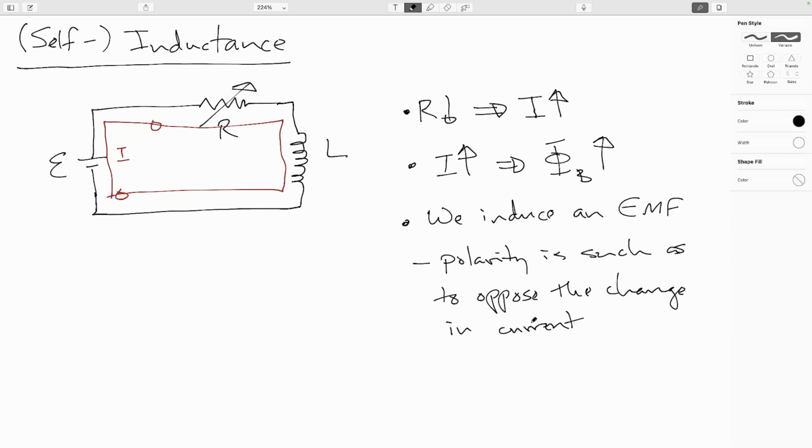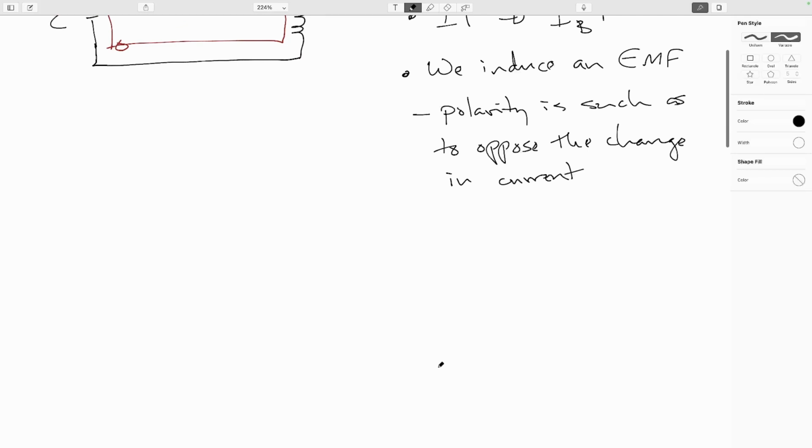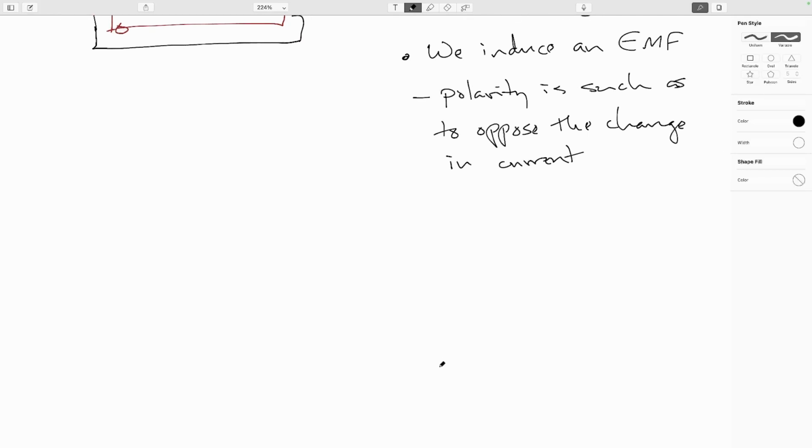So the polarity of the induced EMF in the inductor has to be such as to oppose the change in the current. This is sometimes known as a back EMF. All right, so with that, we can go ahead and start to define inductance.